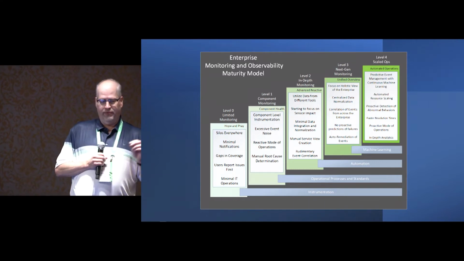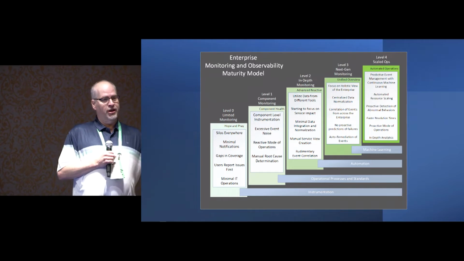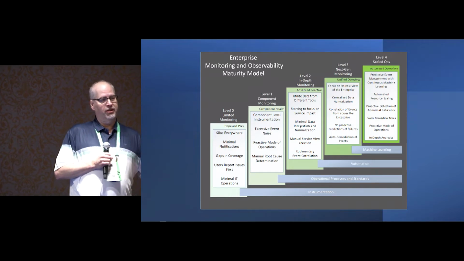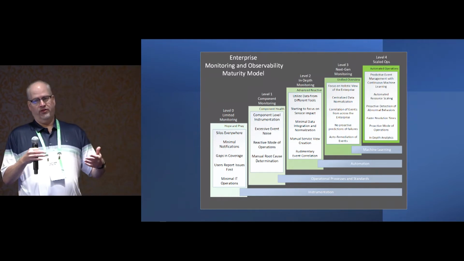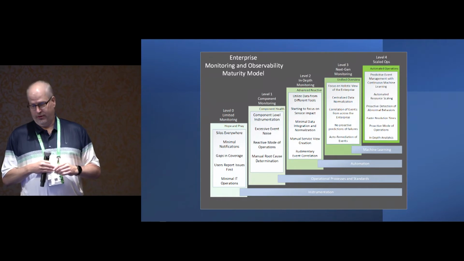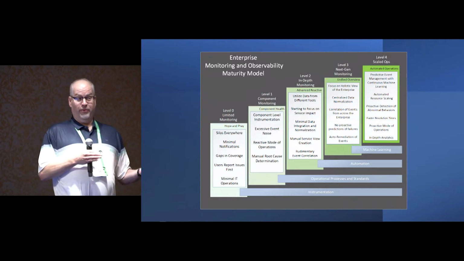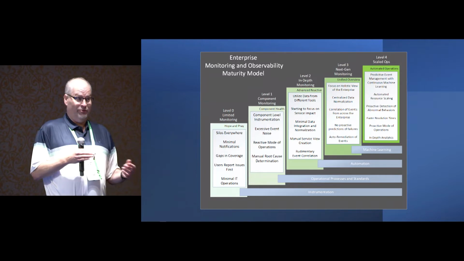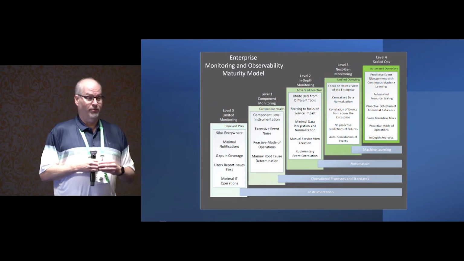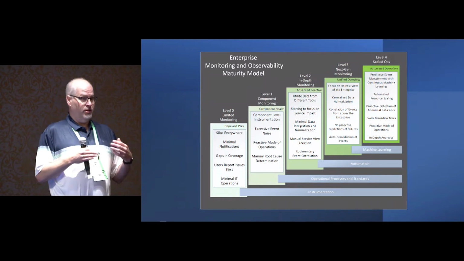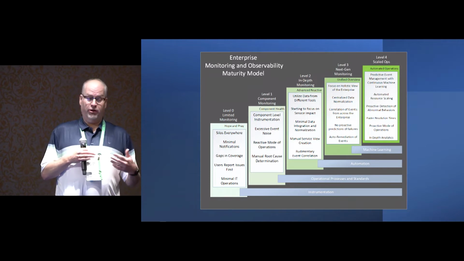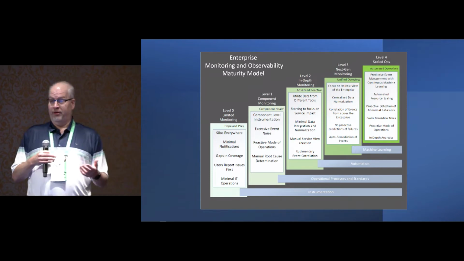Operational processes and standards. We'll talk about that in a minute, but operations, process, and standards are key to start that transition because it's taking the tools and integrating them into your business. And it's extremely important. Then we talk about automation. In order to do automated remediation, you need to have automation systems in play. A lot of times, the monitoring team is not responsible for the automation tools and things like that.